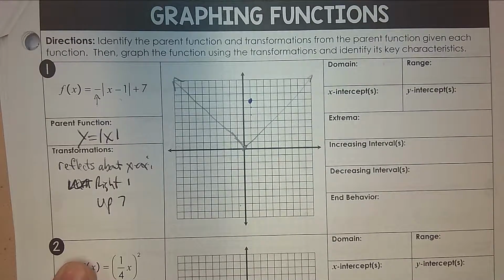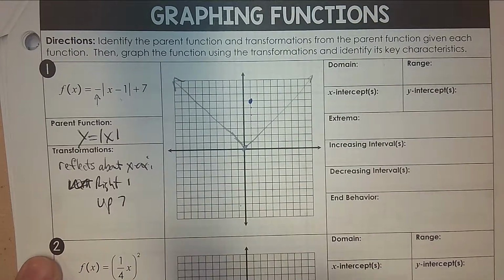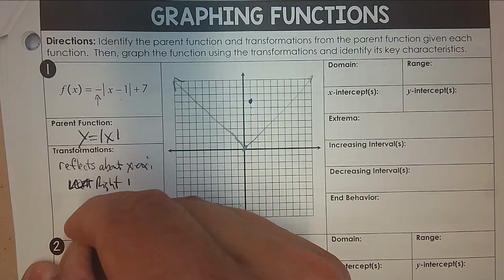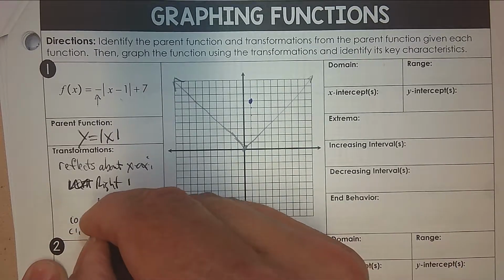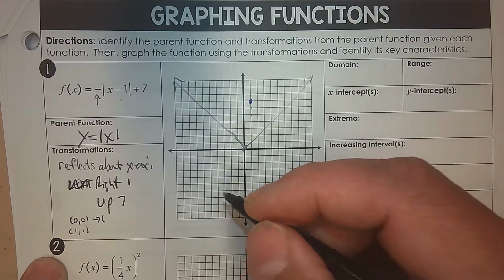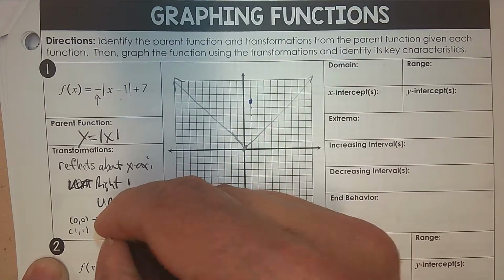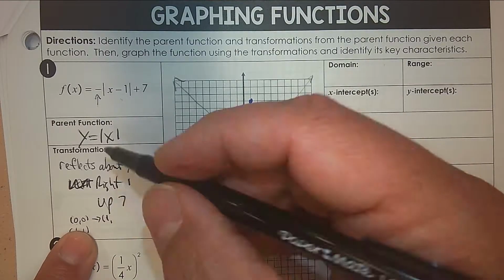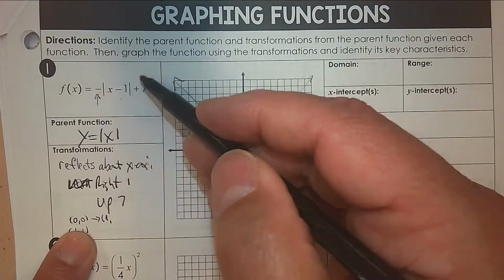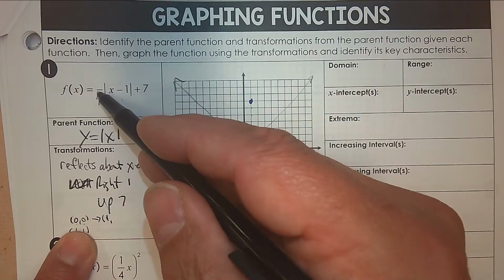I actually like doing this with points. So if you understand the parent points of 0, 0 and 1, 1, and it reflects across, if I go through the steps, for the x you would add 1, and for the y you'd go times -1 plus 7. So 0 times anything is 0, and add 7.